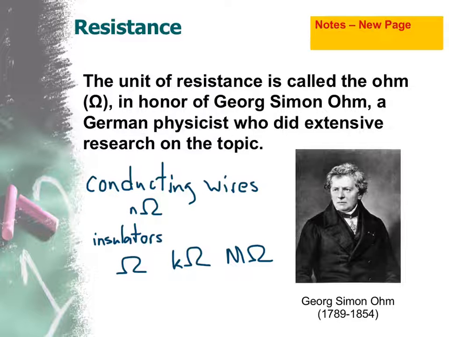So we know kilo means 10 to the 3rd, and mega means 10 to the 6th. So sometimes insulators provide a large amount of resistance compared to nano ohms, and nano means, of course, 10 to the negative 9. So there's a big difference between the resistance of conducting wires and insulators.